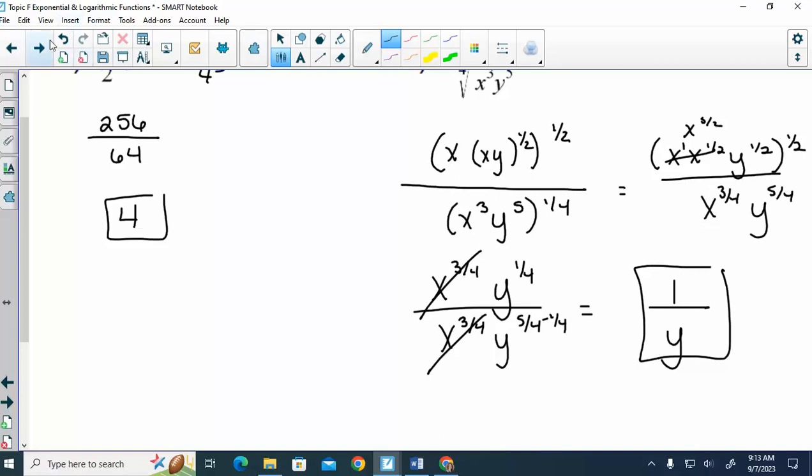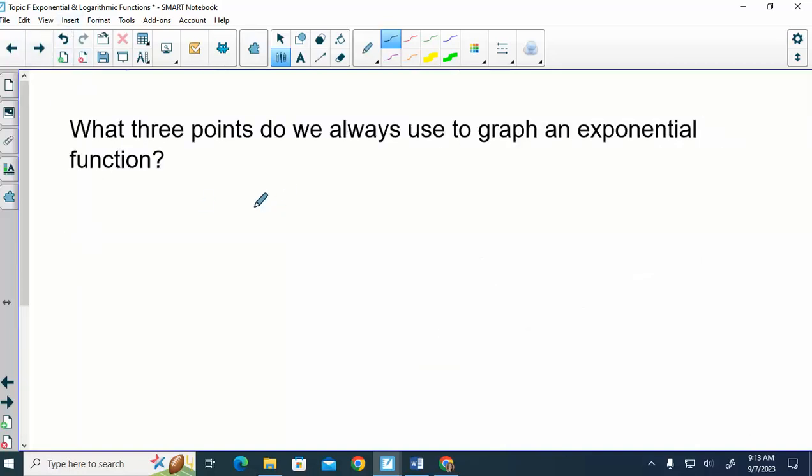Let's talk a little bit about the graph of an exponential. When we plot them, what three numbers did we always plug in for x? Okay, so we are going to look at a couple of these graphs.